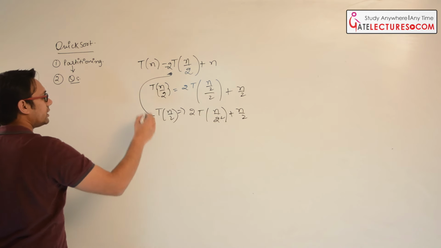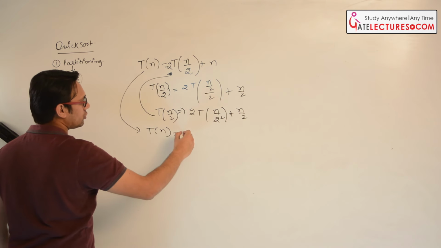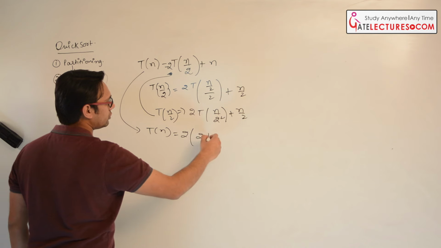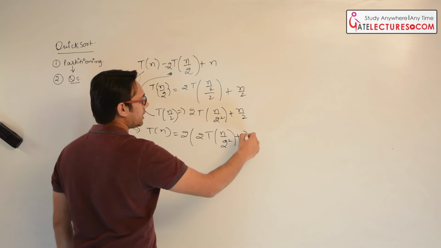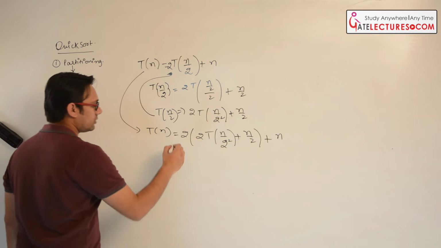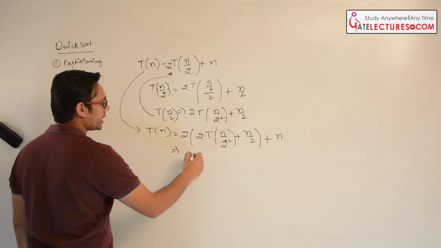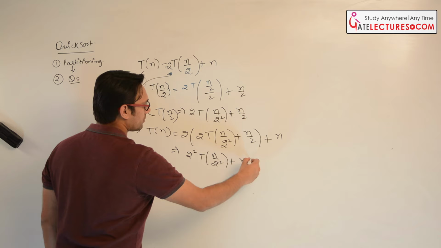So we are going to get T(n) is equal to 2 into [2T(n/2^2) plus n/2] plus n. So again this value will become 2^2 T(n/2^2) plus n plus n.